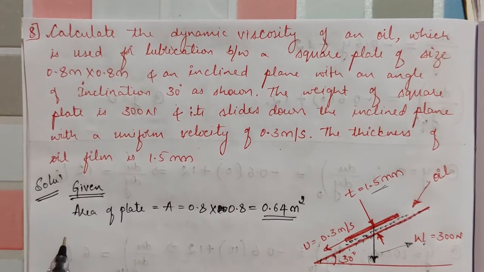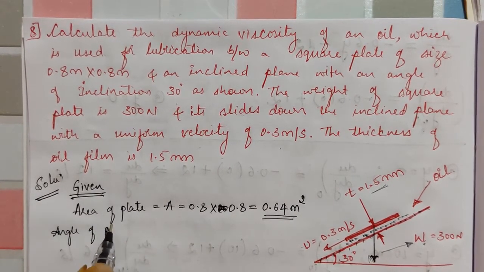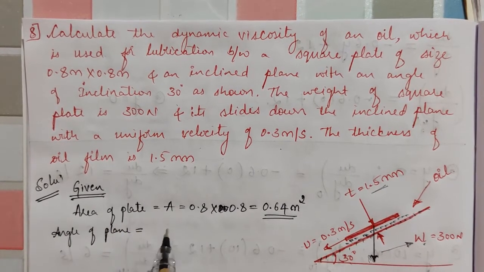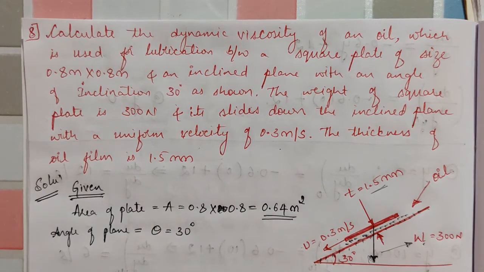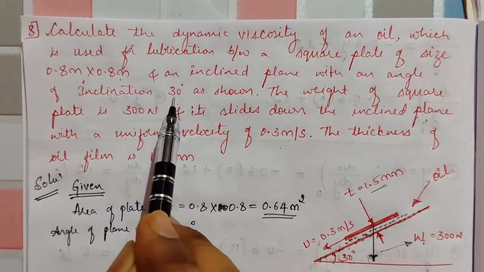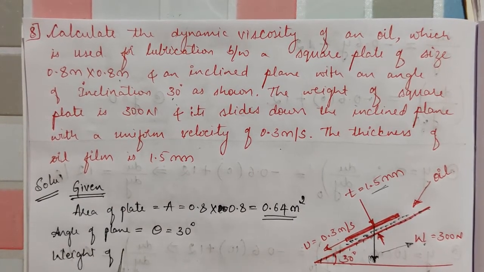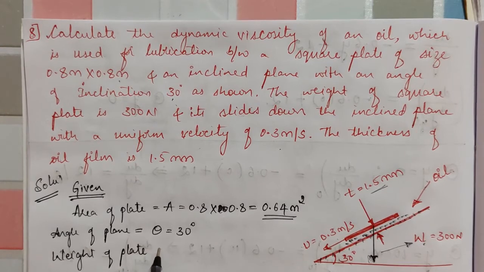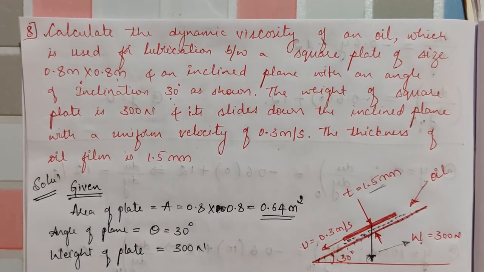Then angle of the plane. So angle of plane is nothing but what? Inclination is given, I'll take it as theta, that is 30 degree. Okay, first this. Second, next what? Weight of plate, how much? 300 Newton.